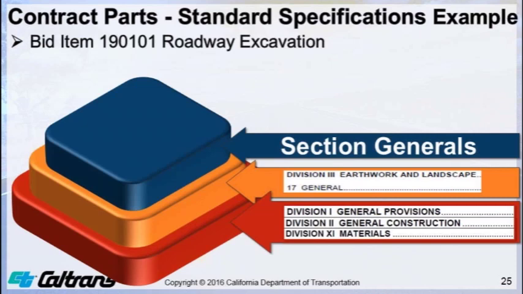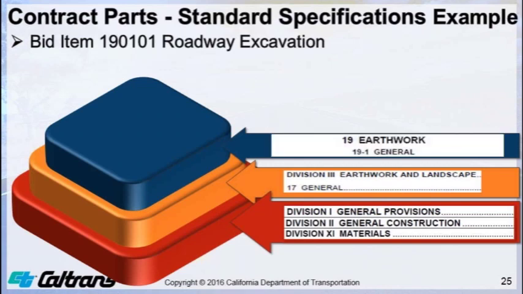Based on bid item 190101, roadway excavation, the first 2 digits of the bid item set forth the technical section that applies. Section 19-1 General is applicable to all the sections within Section 19 Earthwork.